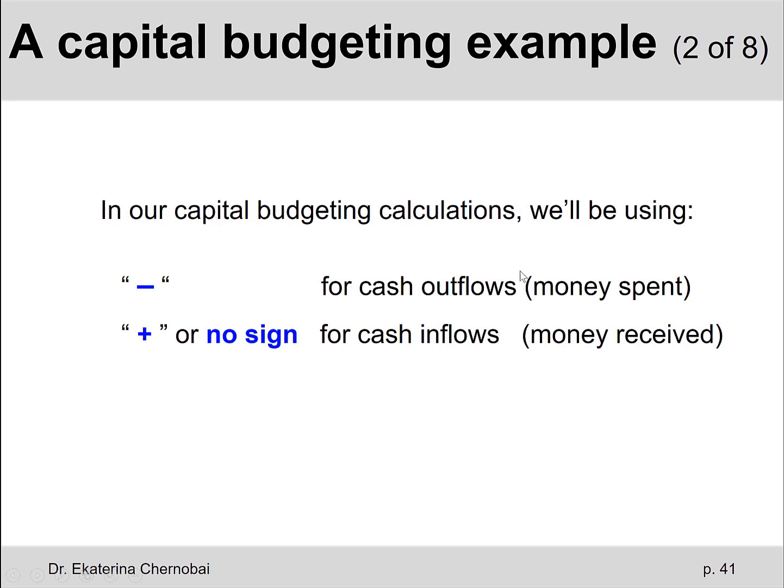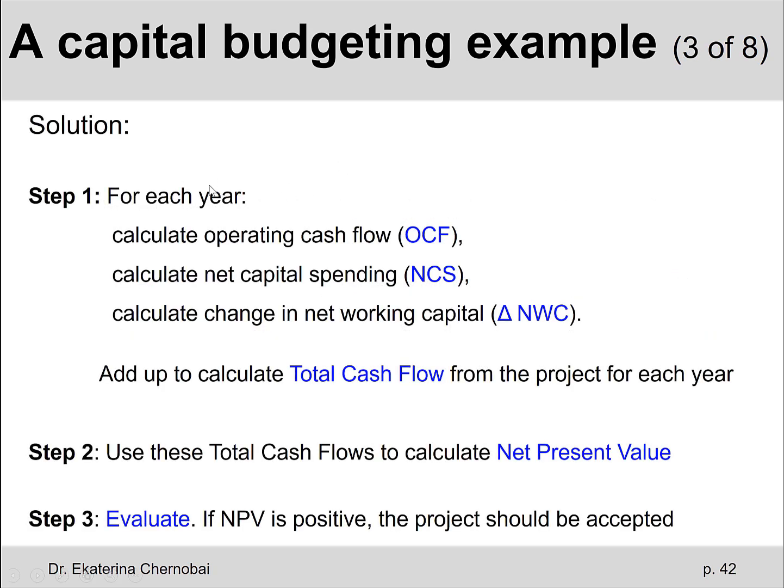And that's what I will be trying to stick to in my calculations. Okay, so kind of going backwards, we need to find the NPV. That would be our last step. If the net present value is positive, then the project should be accepted, right? So that's the evaluation step.